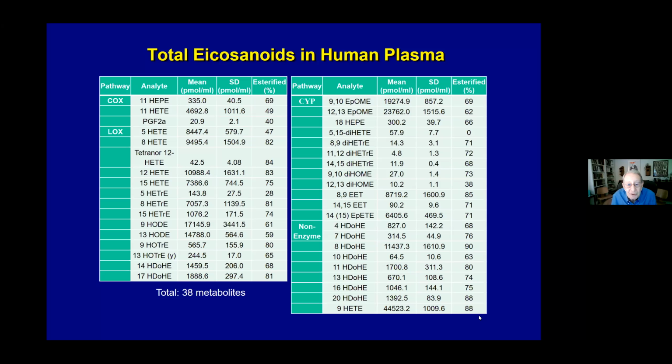And so the majority of icosanoids are not free. They are in complex form in human plasma.